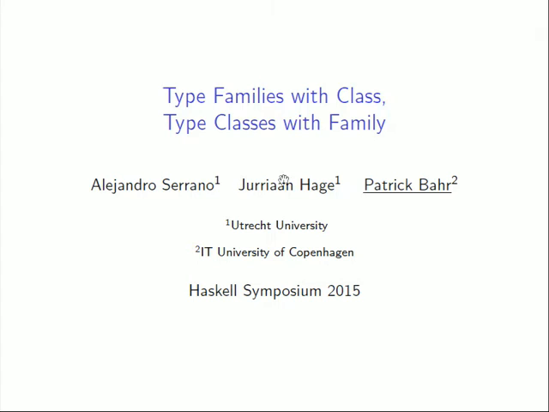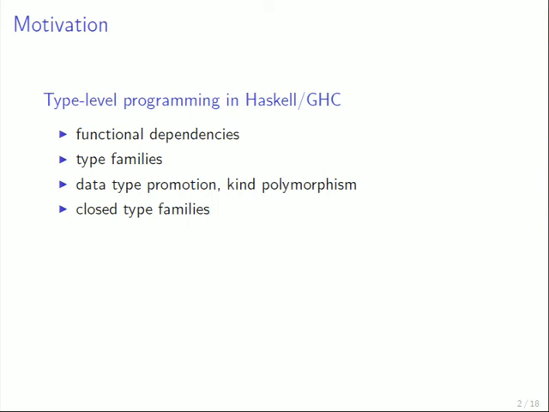Yeah, I'm presenting joint work with Alejandro Serrano and Julian Hage. In this work, we explore the design space of what we can do with type-level programming in Haskell. There's a long history of advancement in GHC of what we can do in terms of type-level hackery, right?